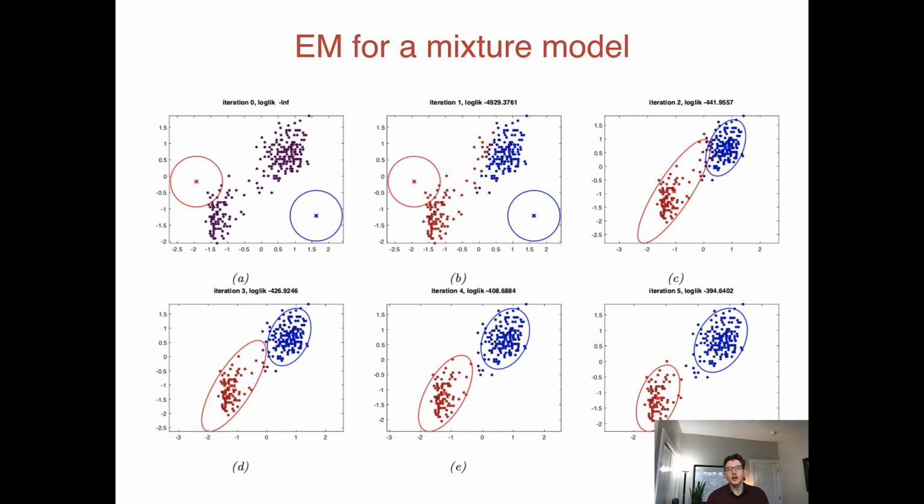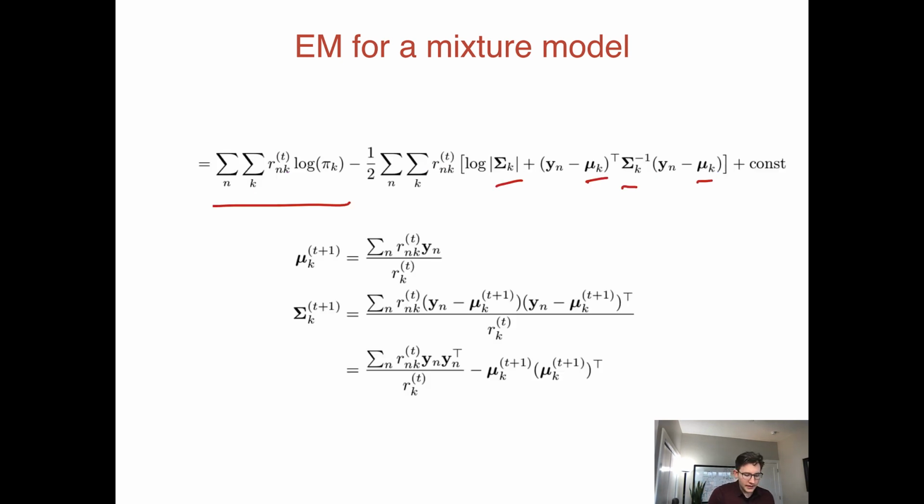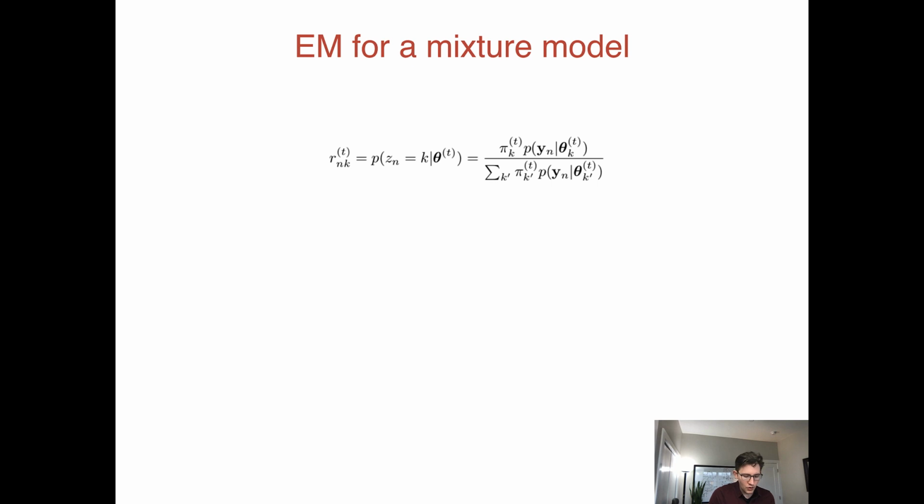So you can think of that as a hard EM, a variant of EM where, instead of using the responsibility as a probability, we just pick whichever is greatest and set that to 1. Generally, it's more principled to use the responsibility, although it's done in practice relatively often to use the hard EM variant.